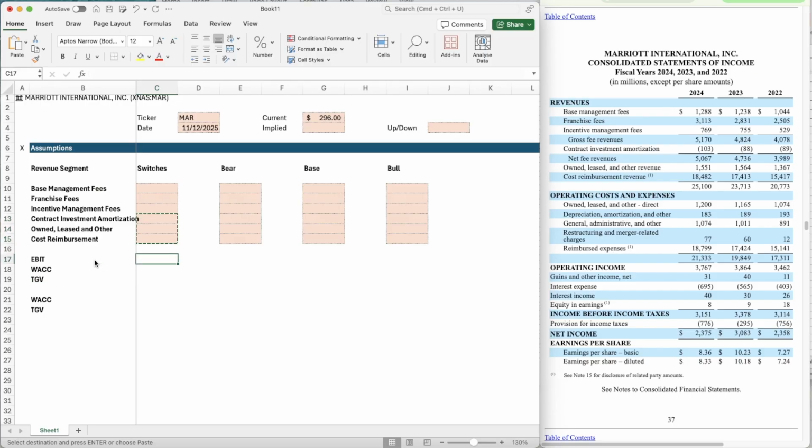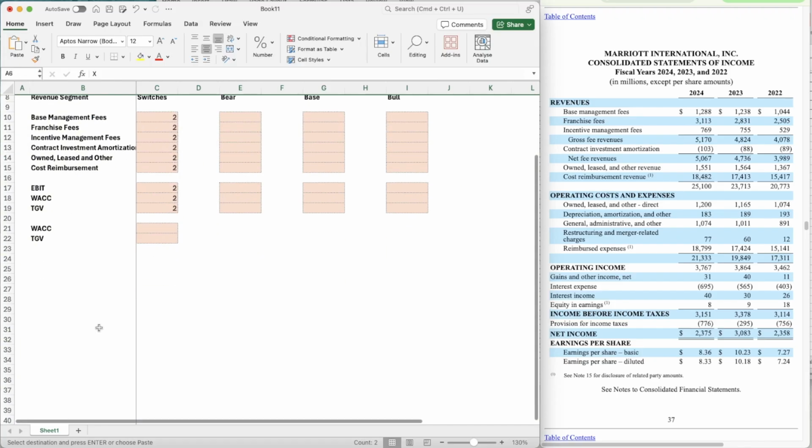We don't have to worry about them too much yet, but I will explain what we do with them as and when we need to. In your switch, just put 2. That is our base case. We want to leave it on that. So yeah, now we've done that, we can start building.